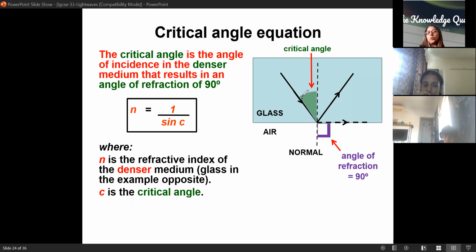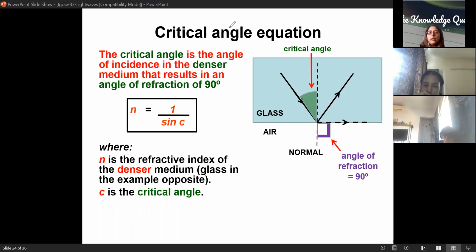When the incident angle is more than the critical angle, then there is a total internal reflection. In this case, this is the incident angle, which is more than the critical angle. I is greater than C. In that case, no refraction will happen. Everything will be reflected back inside. So angle of refraction, andar hi andar. There will be a reflection. There will be no refraction here.